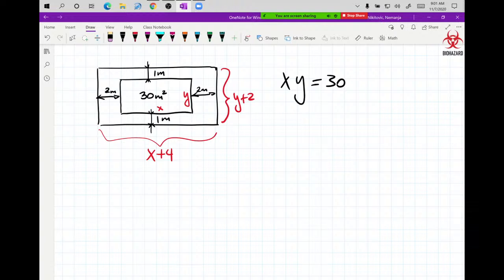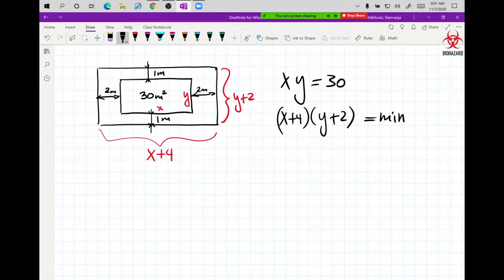And that gives us our other equation where you want to minimize the entire area, where you can say x plus 4 times y plus 2 equals the minimum.